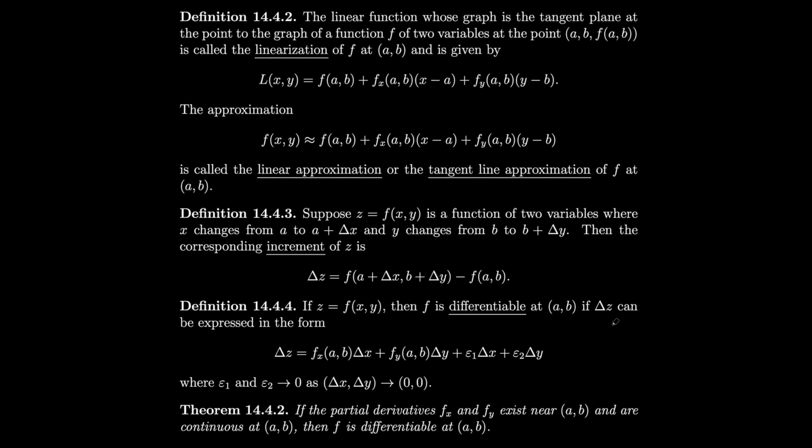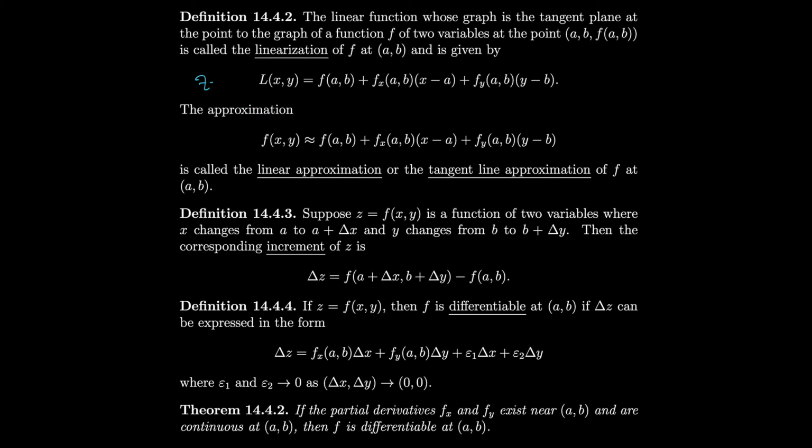Similar to the way that we used linearization in single variable calculus, we can use linearization in multivariable calculus to approximate the value of a function. So in this case, we just take our equation of our tangent plane. Remember, we had z minus z naught on the left. So we basically just take z naught and move it to the other side. That's the function evaluated at the point (a, b).